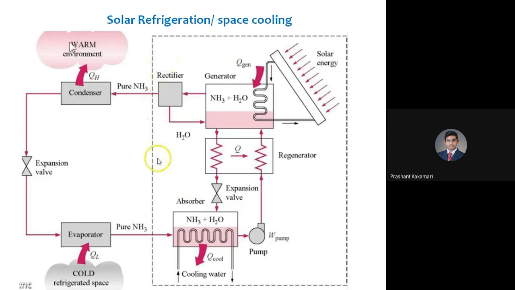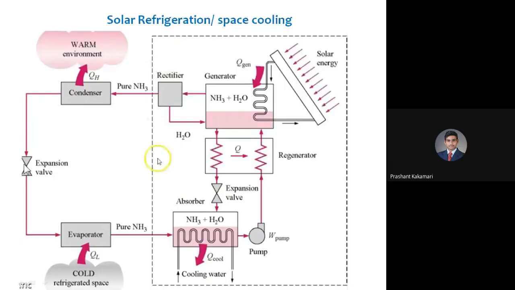Then after condensing, the liquid ammonia will be passed through the expansion valve. In the expansion valve, we are going to reduce the pressure. By sudden reduction in the pressure, temperature also decreases, and it will come out from this expansion valve at very low temperature and pressure. And that liquid cold ammonia is passed to the evaporator again. Like this, the cycle will continue.